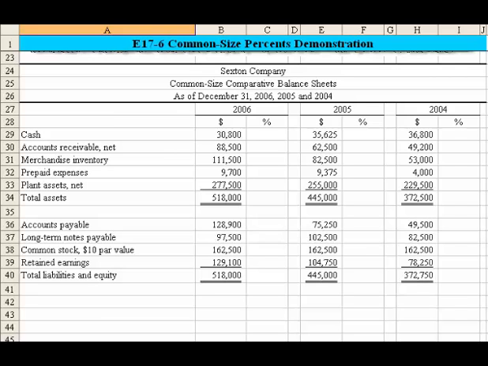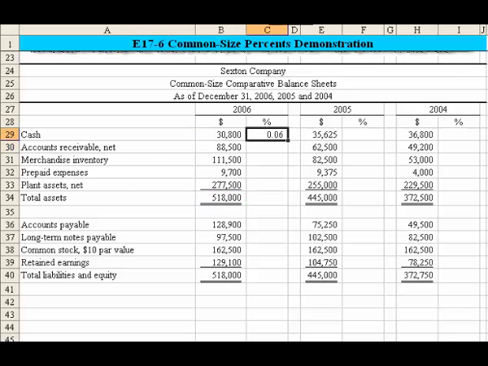And now what we're asked to do is put together the common-sized columns, which really means put them in as a percentage of something else, and that something else is total assets. So all we really need to do is take the various dollar amount from the balance sheet and divide it by total assets. I'll lock that in with an F4.